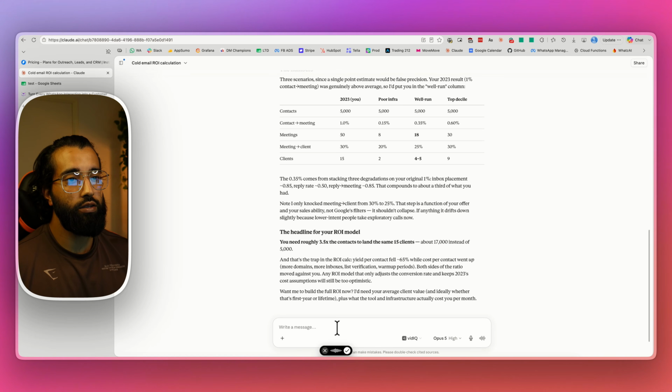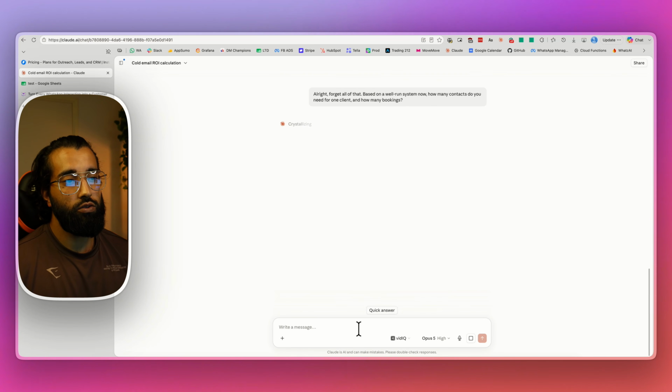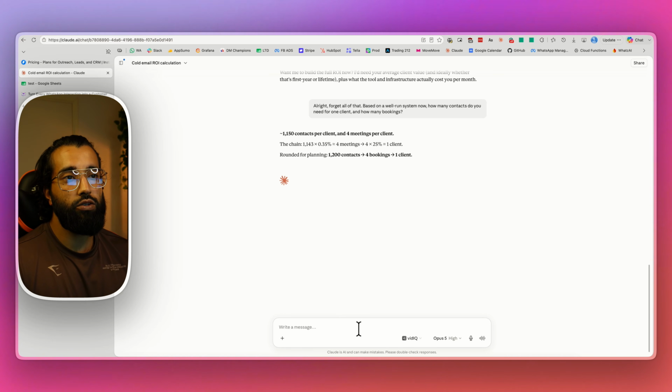all of that. Based on a well-run system now, how many contacts do you need for one client, and how many bookings? Also, just to throw this in there, open rates don't matter because you actually want the reply.